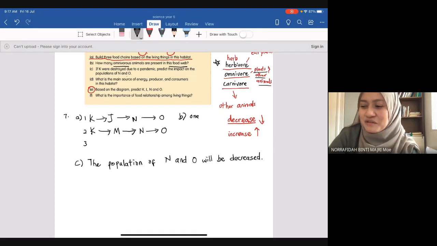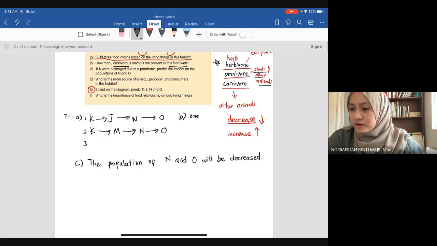The population of N and O will be decreased. Maksudnya ialah populasi haiwan N dan O akan berkurang. Okay, kelas? I will screenshot for you after this. Teacher akan bagi gambar yang ada jawapan ini. Jangan tiru dalam teks dekat belakang lah.